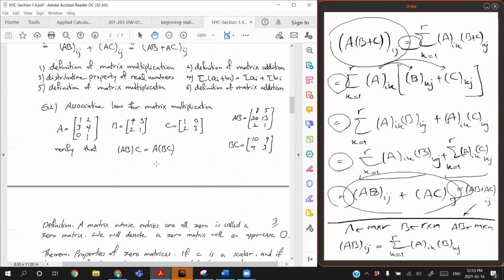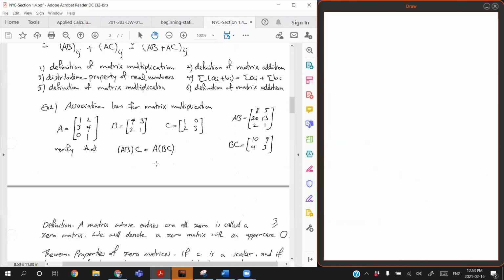Okay, so example 2, the associative law of matrix multiplication. We learned that (AB)C equals A(BC). This is not ambiguous. I don't need to put braces, because with matrices, AB times C and A times BC are the same.